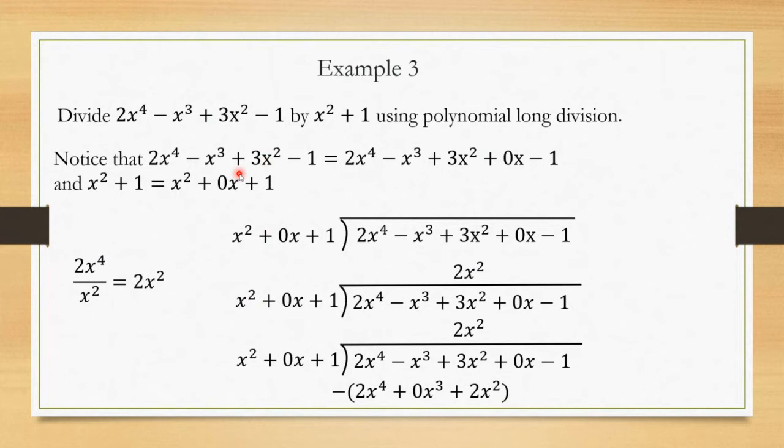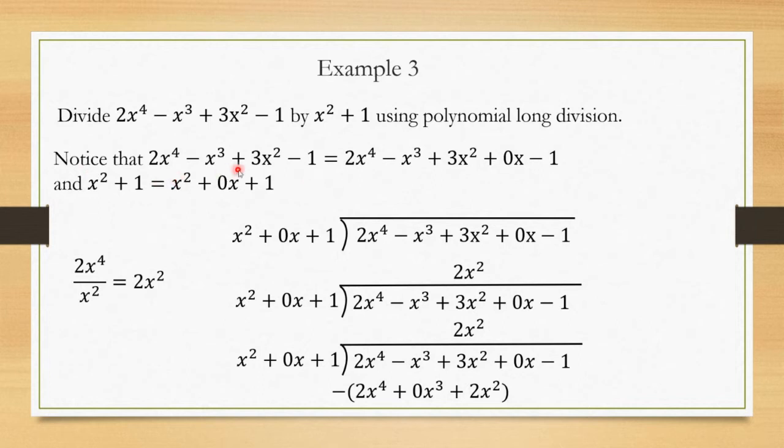If you're missing any terms, you want to use 0 as a placeholder. You want to write 0 times x raised to the power for the missing terms, kind of like what we did with addition and subtraction. So you put the missing terms in, and their coefficient is 0.